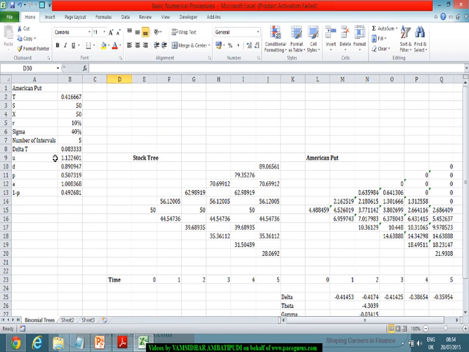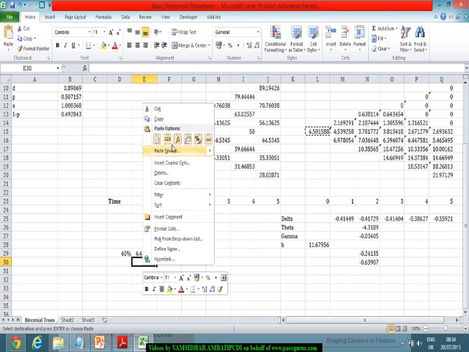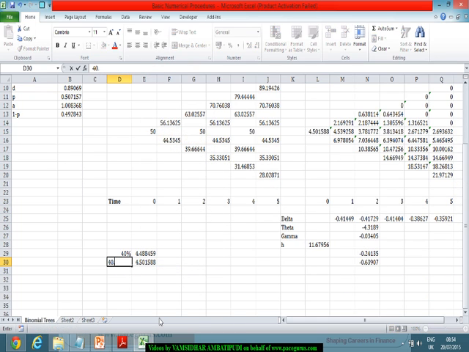Now I change the sigma a little bit, probably 40.1%, and I say this is the price of the put option. Now this is where I can look at when the sigma is 40, this is the price. When the sigma is 40.1, this is the price. Now I can find out the vega quite comfortably.